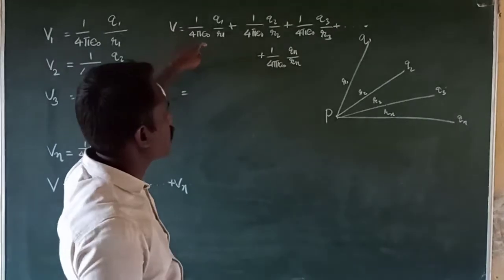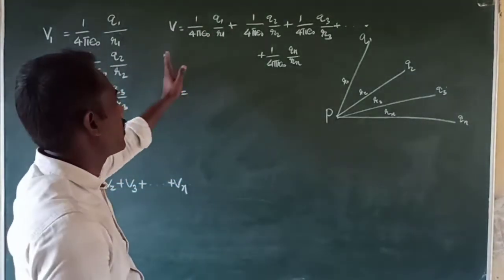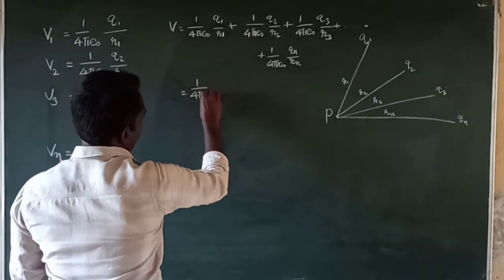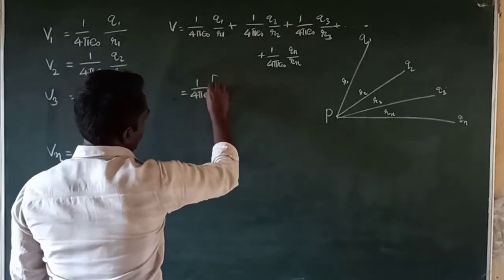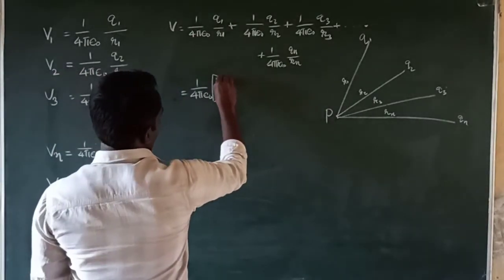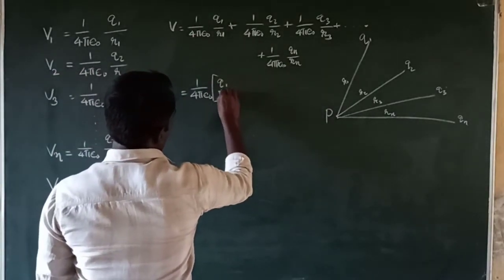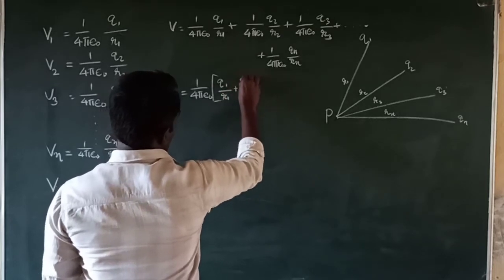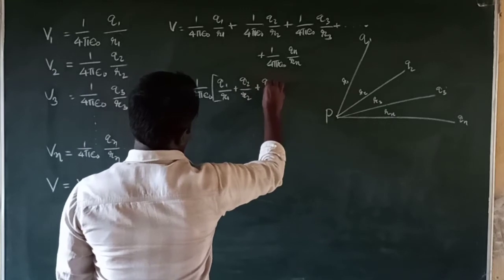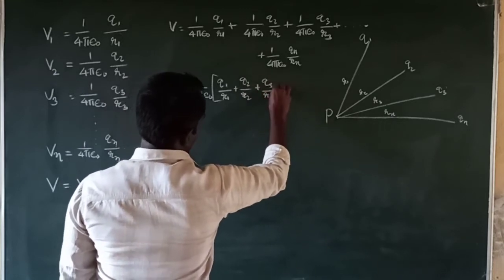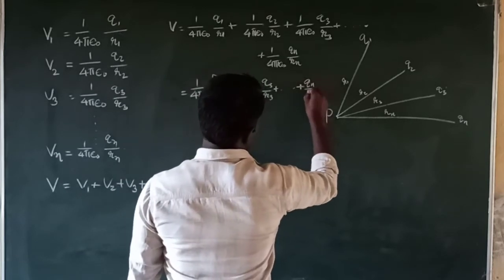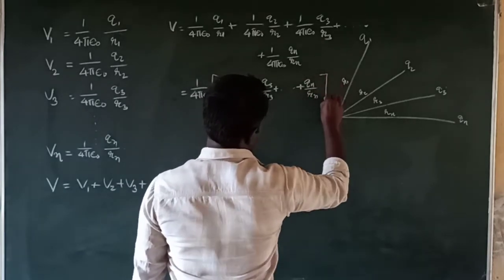Here 1/(4πε₀) is a constant, so that can be taken as common. Then what will remain is Q1/R1 + Q2/R2 + Q3/R3 + etc. + Qn/Rn.